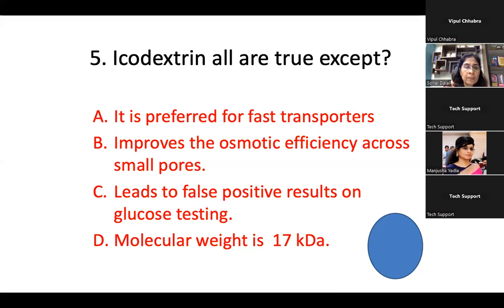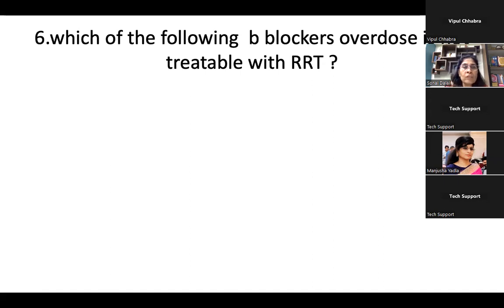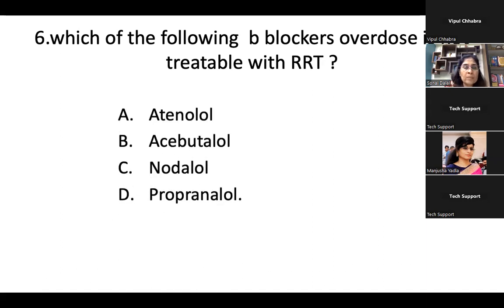Time up. The correct option is molecular weight is 17 kilodalton. Next question, question number 6. Which of the following beta blocker overdoses is not treatable with dialysis or renal replacement therapy?